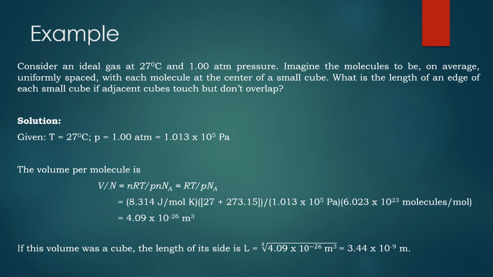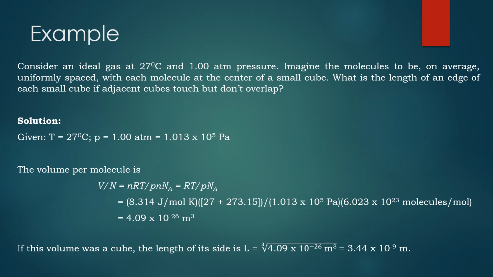Further, this is equal to 8.314 joules per mole Kelvin times (27 plus 273.15) Kelvin divided by 1.013 times 10 to the 5 Pascal times 6.023 times 10 to the 23 molecules per mole. This will give us 4.09 times 10 to the negative 26 cubic meters.